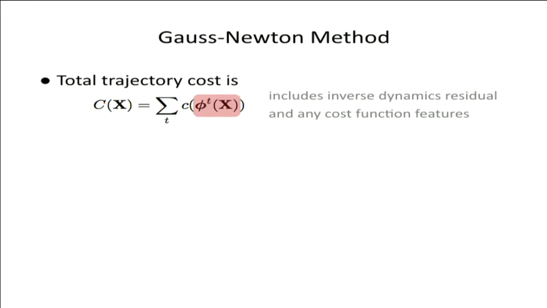For example, if you want a hand to go to a particular location, phi encapsulates all of these features, and you have a cost on these phi's. So c is a scalar function that takes as input some vector of features, and phi is this n-dimensional vector of features.